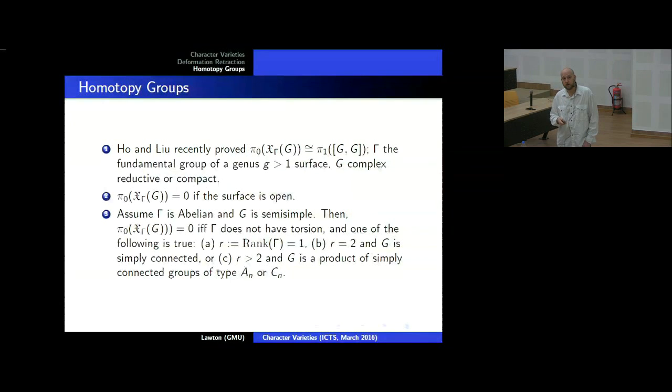So rank 1, I think, goes back to Steinberg, and rank 2, I forget who did it now. And rank 3 or higher, showing that it's connected, comes down to showing that in the symplectic case and in the SLN case, the character variety for a free abelian group is in fact irreducible.